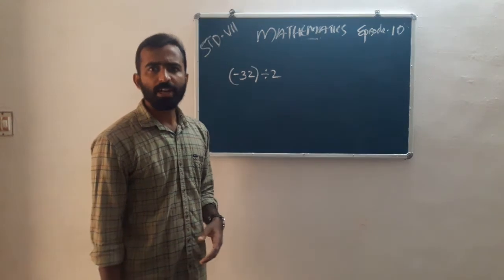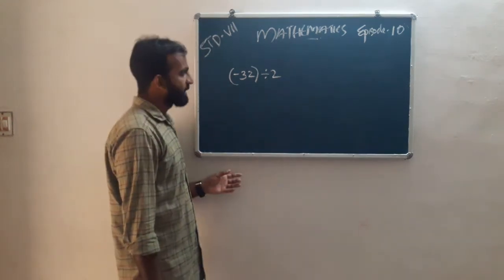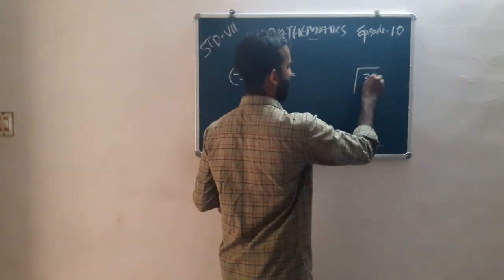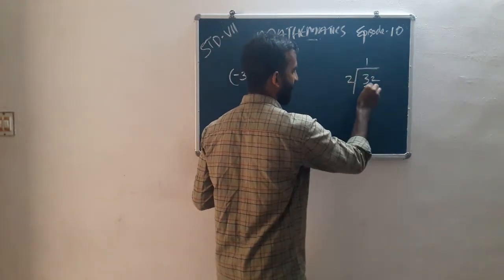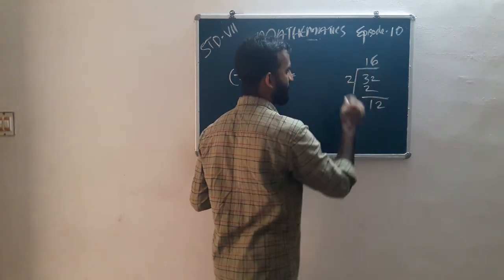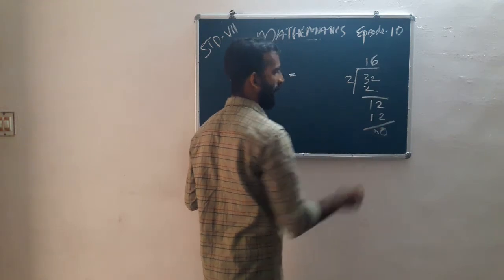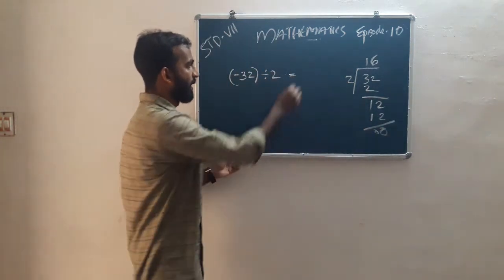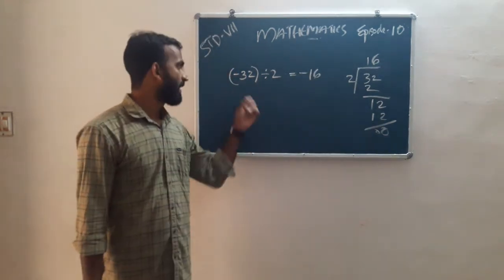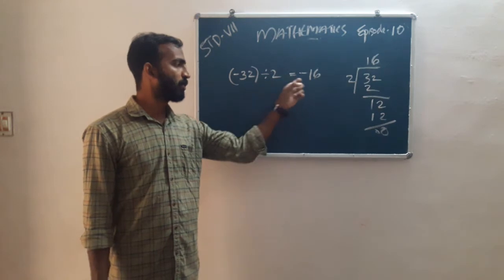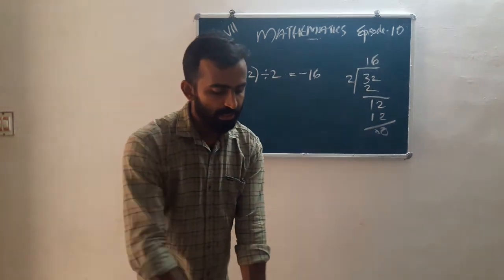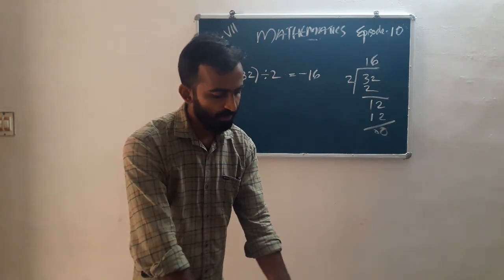What is the answer? 6 into 2 is 12. Our answer is negative 16. Negative 32 divided by 2, we get negative 16.